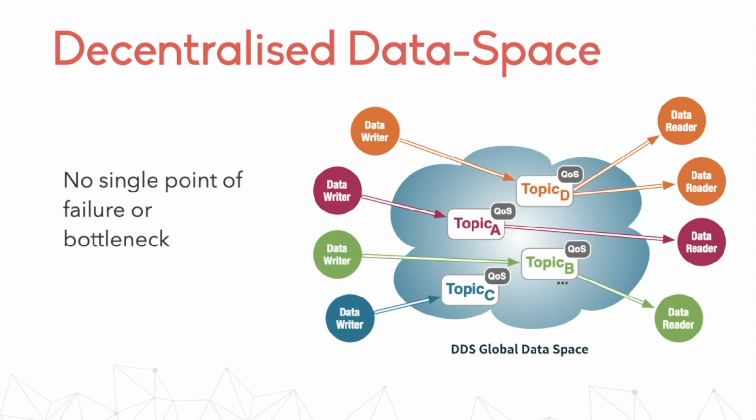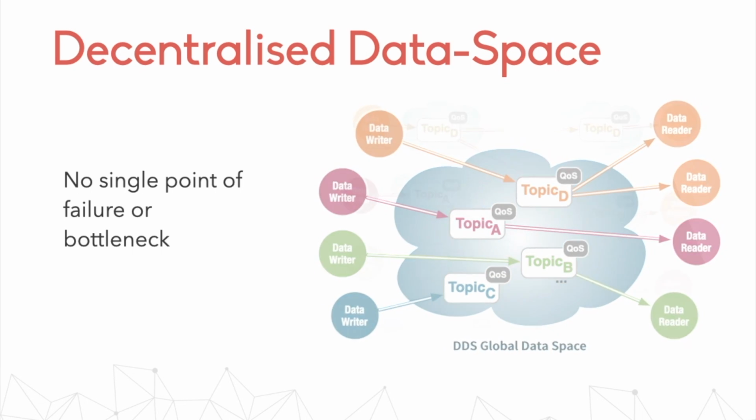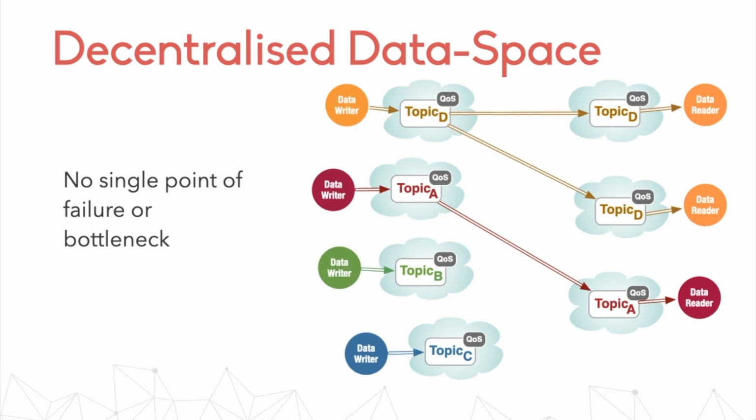Another important point is that the conceptual global data space that DDS makes available is actually decentralized. So there is no single point of failure, nor a single point of bottleneck. The way this global data space is implemented is by means of a collection of local data spaces.